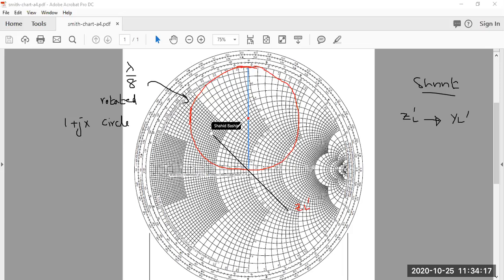So this point is now going to be YL dash.